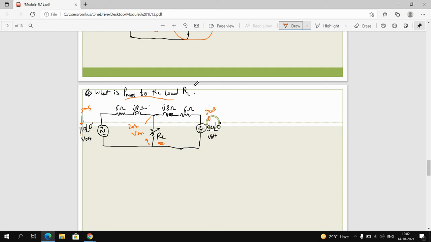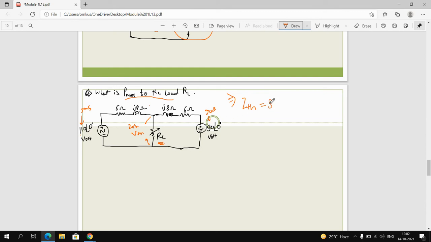Now solve it. How to find out the ZTH? Short circuit both the sources and find out the equivalent impedance. So when you find this value, now see, this is 6 plus j8 and this is 6 plus j8. Both are equal impedances and connected in parallel with respect to this branch. So divide by 2, right?